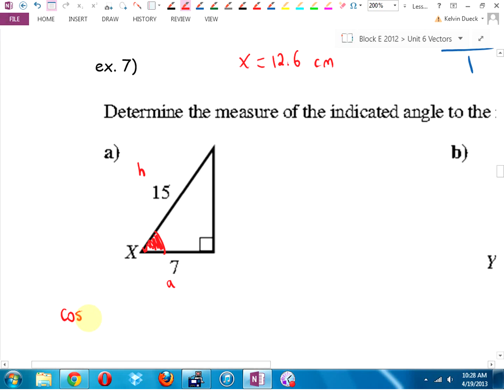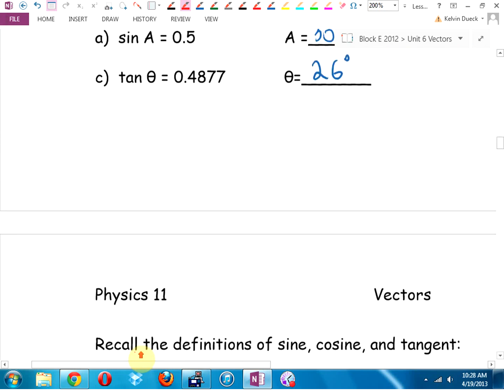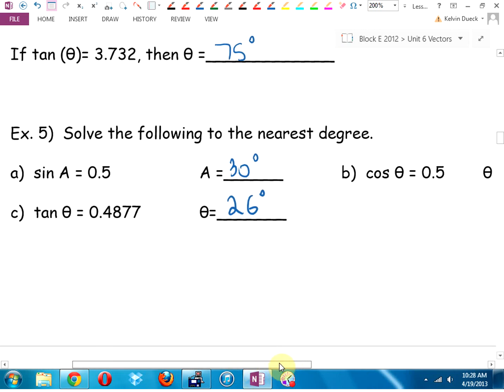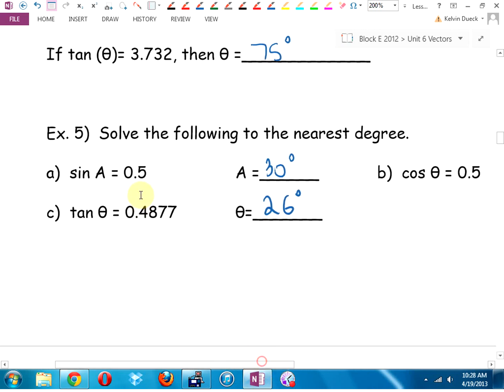What's the angle here? It's a variable, X. Cosine X equals adjacent over hypotenuse. And I'm going to suggest to you now that that question, the way I've written it, looks exactly like these ones here, except I put a decimal instead of a fraction.